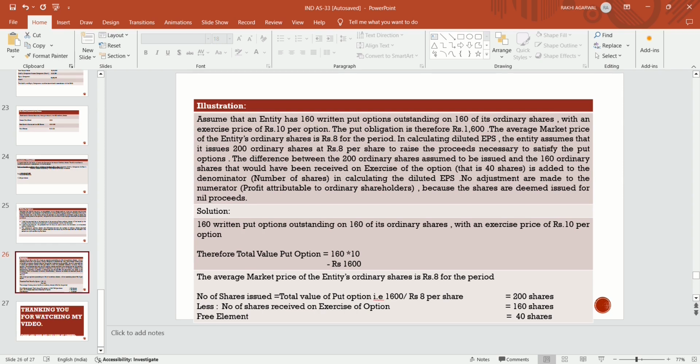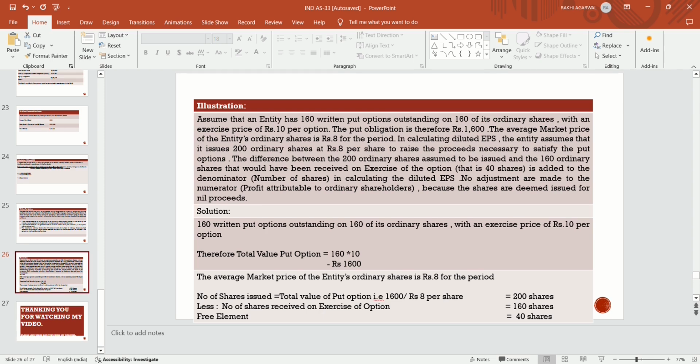So firstly, we have 160 written put options outstanding on 160 of its ordinary shares with an exercise price of rupees 10 per option. Therefore, the total value of the put option is 160 into 10, so it becomes 1600. The average market price of the entity's ordinary shares is rupees 8 per share for the period. In calculating the diluted EPS, the entity assumes that it issues 200 ordinary shares at rupees 8 per share to raise the proceeds necessary to satisfy the put option.